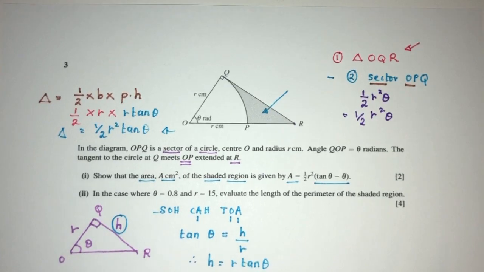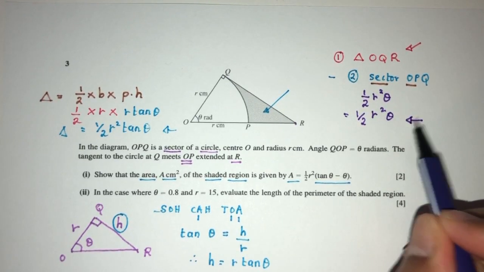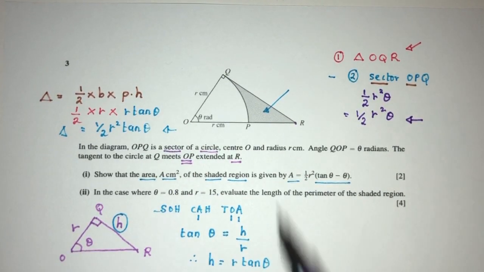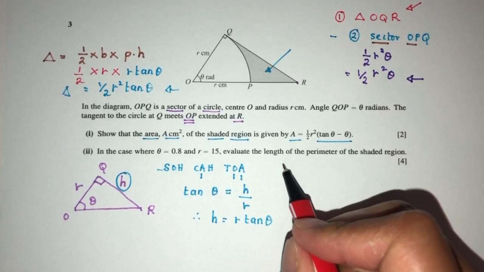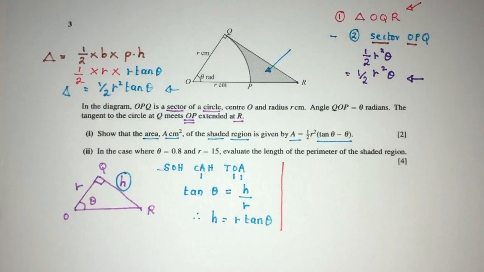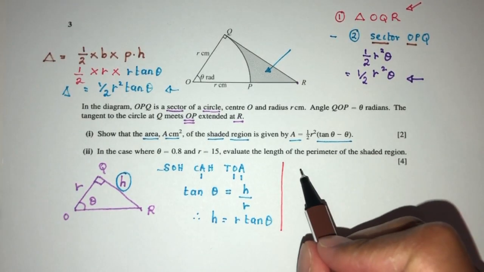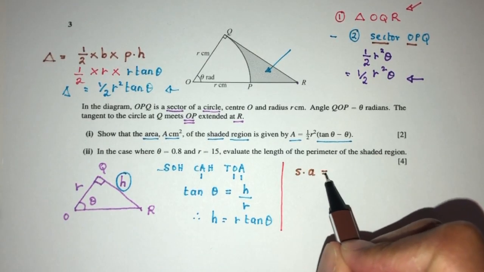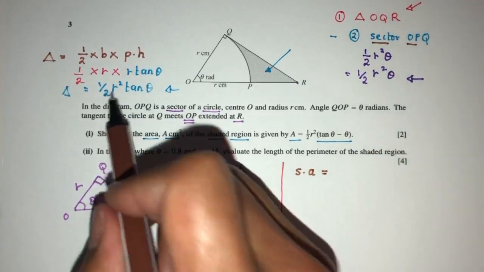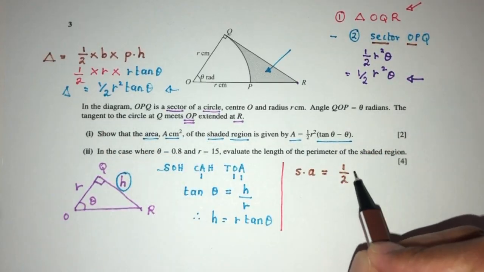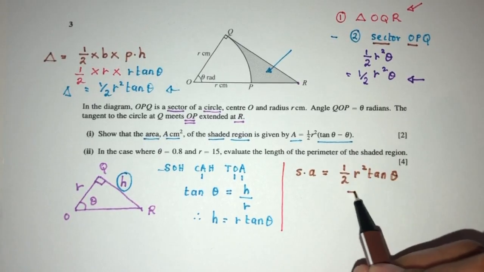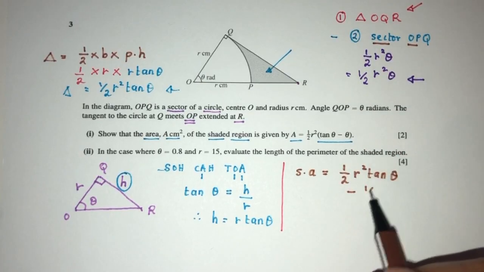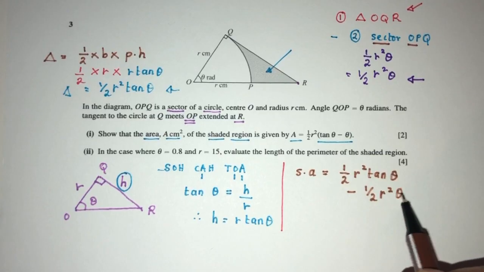So here you go. This is the area that we need to find for this part exactly. Let me replace everything back in the main equation. The shaded area that we need to find is area number 1, which is half r squared tan theta, minus area number 2, which is half r squared theta.